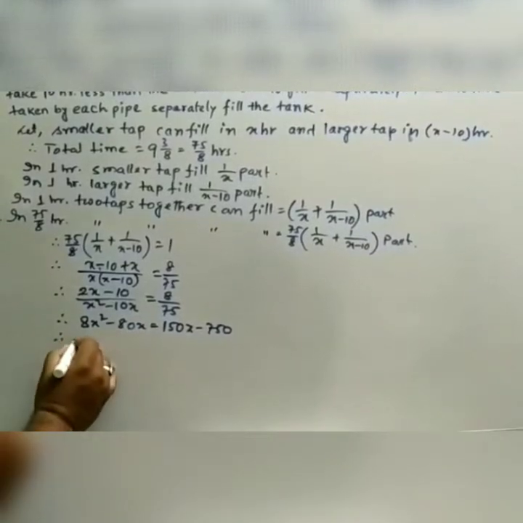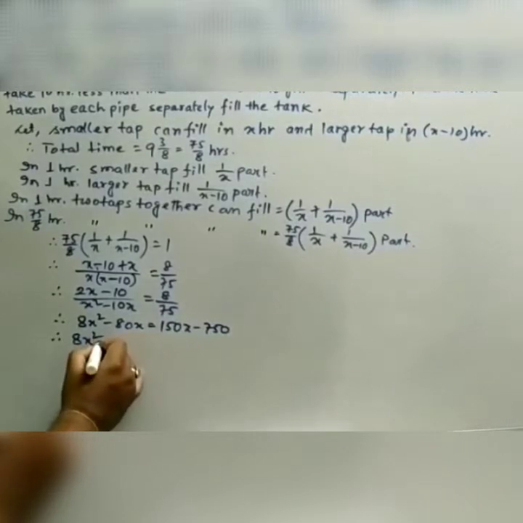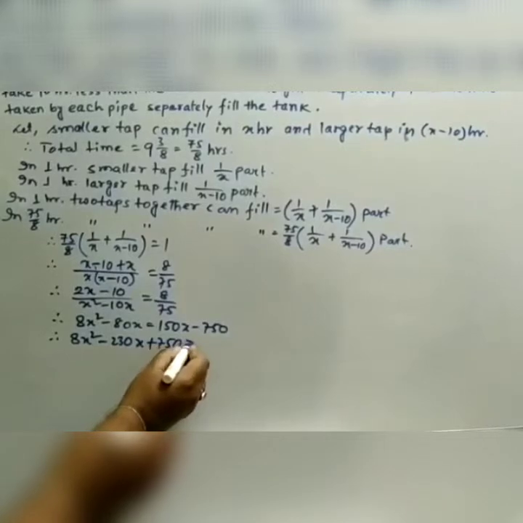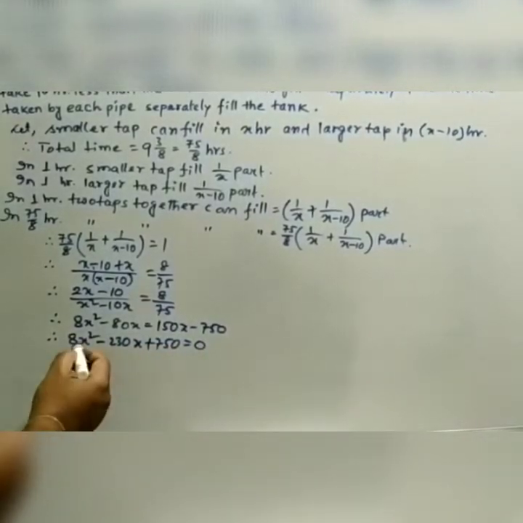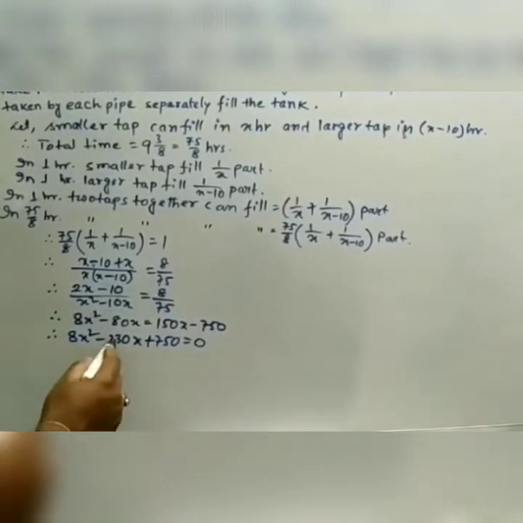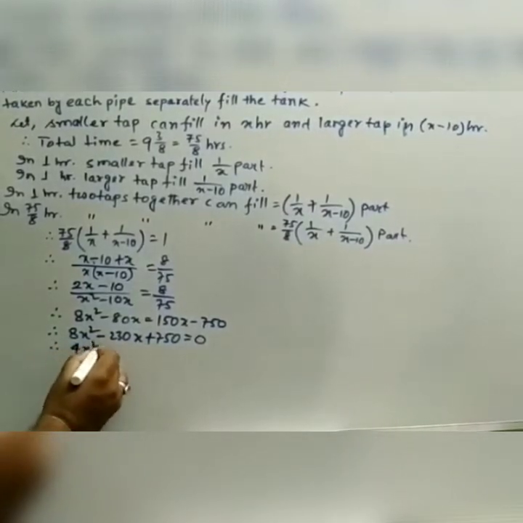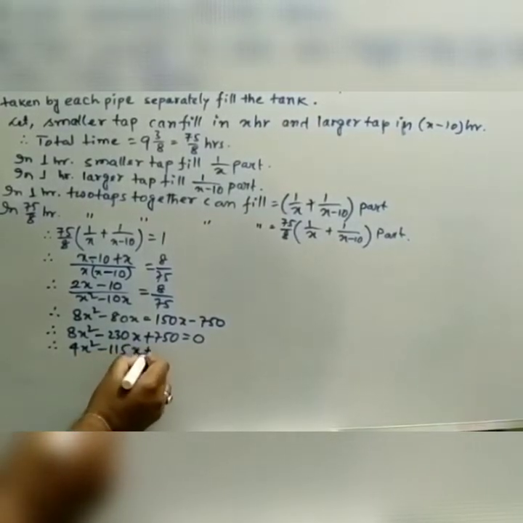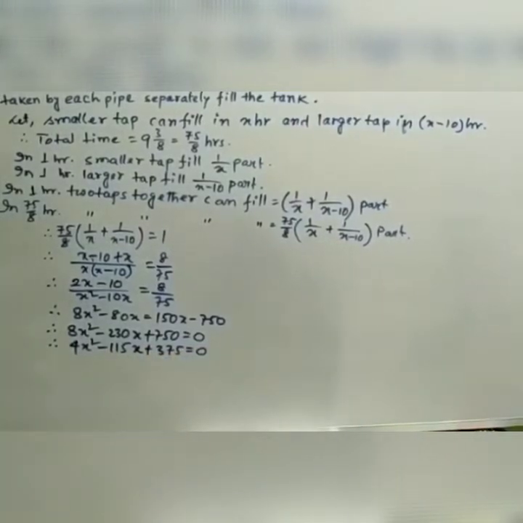So we get 8x square minus 230x plus 750 equals 0. These are all even numbers, so it can be divided by 2. So I am dividing it: 4x square minus 115x plus 375 equals 0.